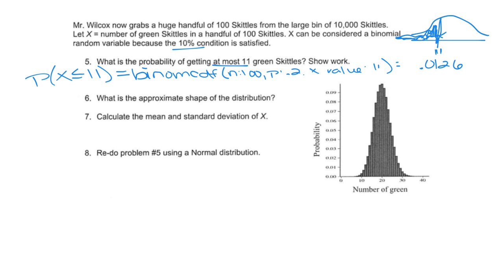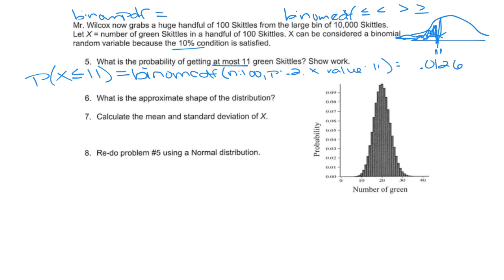So I use the binomial CDF when it is a less than or equal to, a less than, a greater than or equal to. I use the binomial PDF if it is an equal.